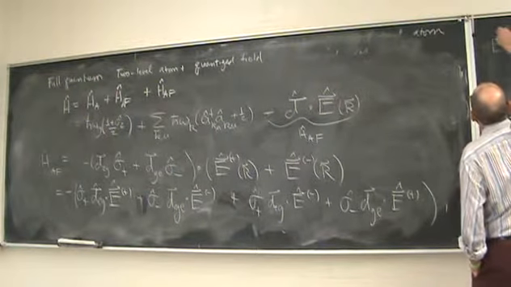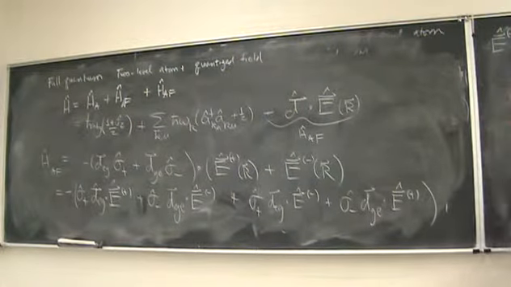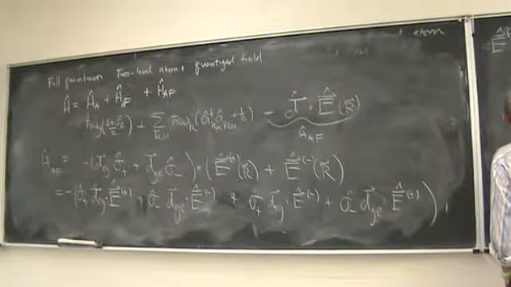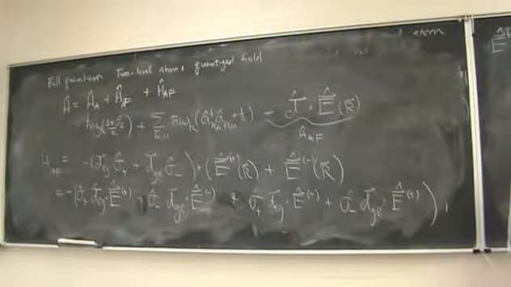So E plus is equal to the sum over the modes, square root of 2 pi h bar omega_k, a_k, U_k at position R. Okay, that could be a plane wave.